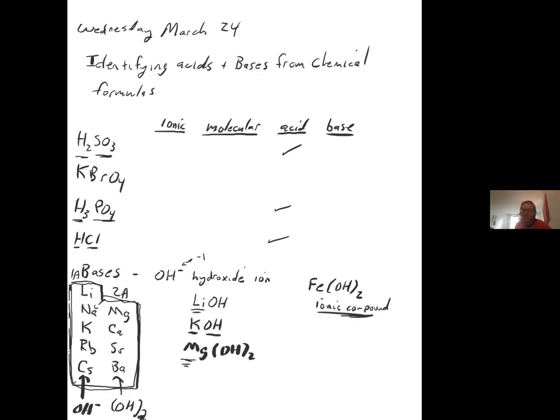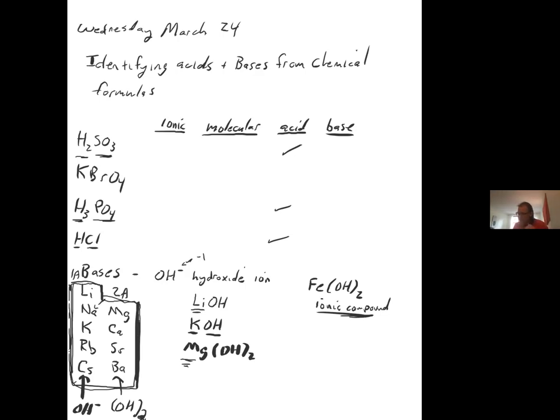Okay. And the reason actually has to do with the solubility guidelines of all things. What happens is hydroxides are generally not soluble. They don't dissolve into water, so they don't form electrolytes. So iron hydroxide just doesn't dissolve. It'll just fall to the bottom of the water like a rock. It doesn't dissolve. However, group 1A and group 2A compounds are soluble, right? They're always soluble, particularly group 1.